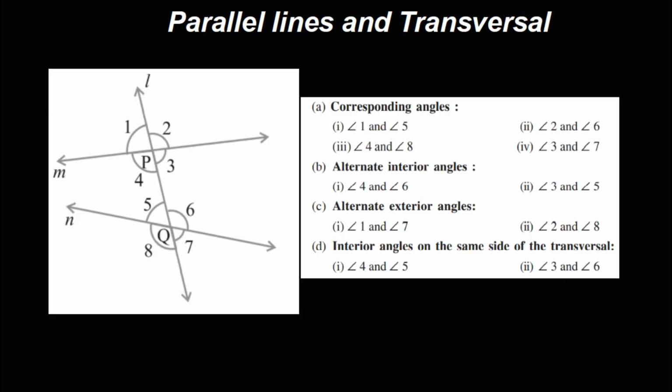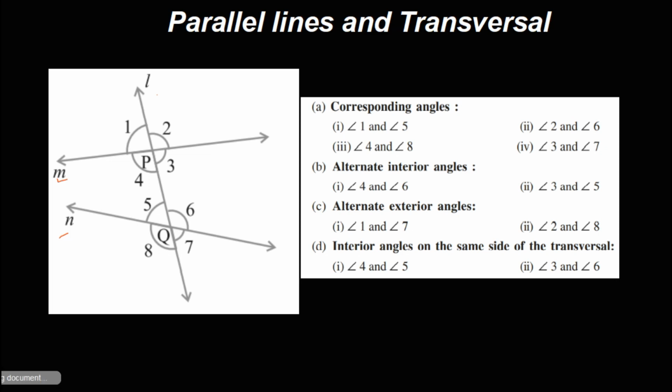parallel lines and transversal. Now again a very important concept here. As you can see in the figure, the two lines are not parallel, they are a little bit non-parallel lines, but the concept goes with non-parallel lines also and parallel lines also. Now usually the lines are marked with L, M, N, small letters of the English alphabet, and this is also a line.